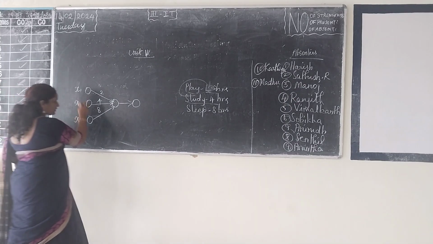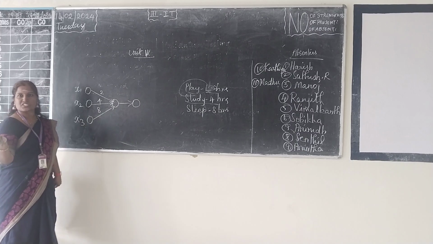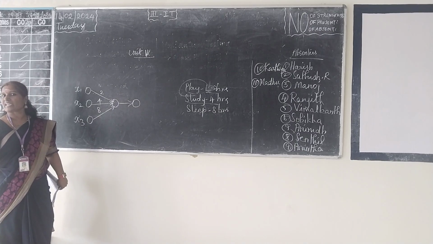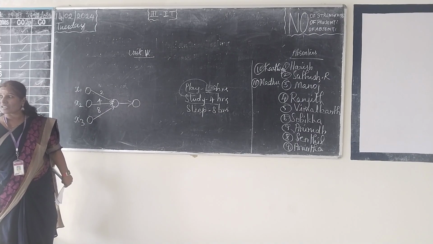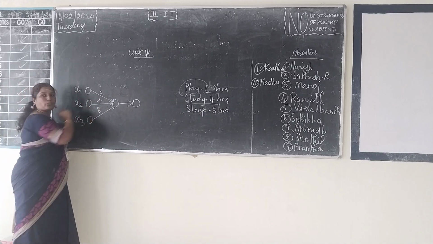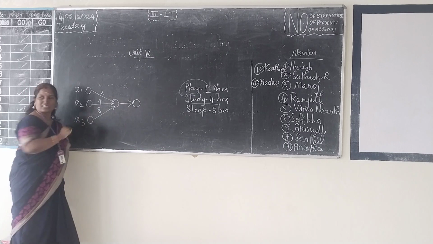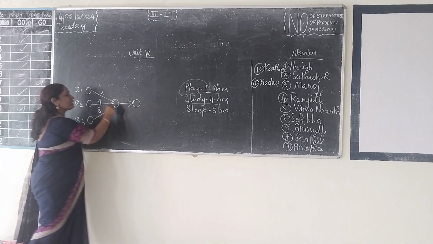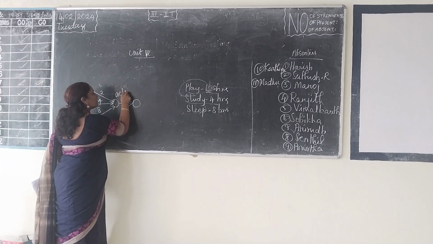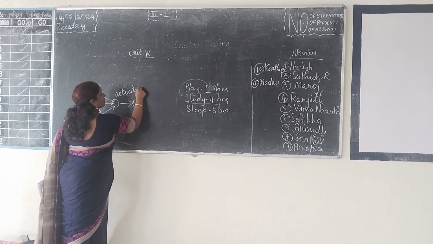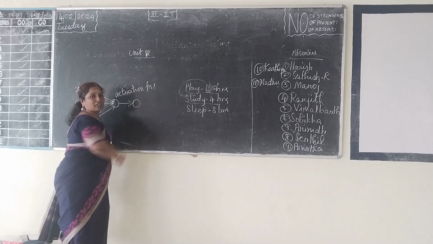The computation in any single neuron is input into weight plus input into weight plus input into weight, the sum of all this, and then I apply an activation function.